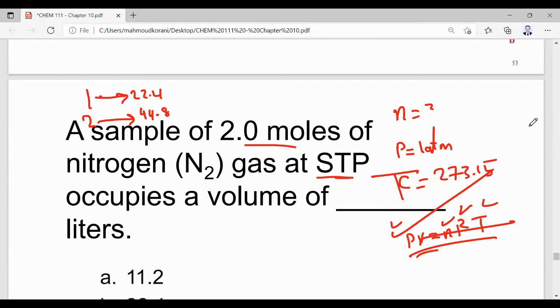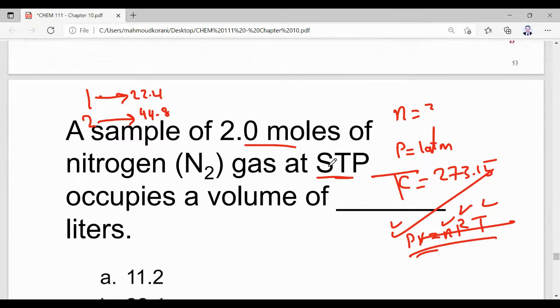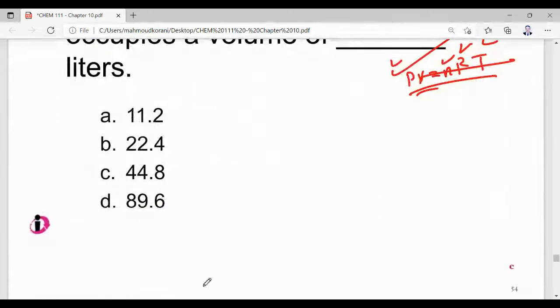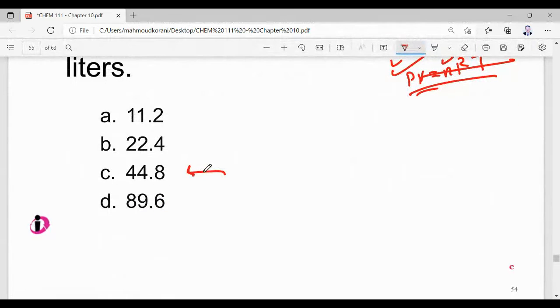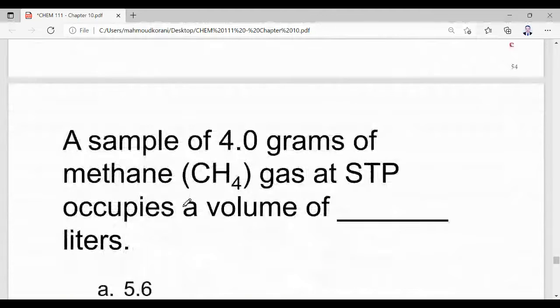You can also calculate it from PV equals nRT, no problem, but this is very easy, because at STP, Avogadro said 1 mole of any gas has a volume of 22.4. If you have 2 moles, just multiply this value by 2. So it should be that one.